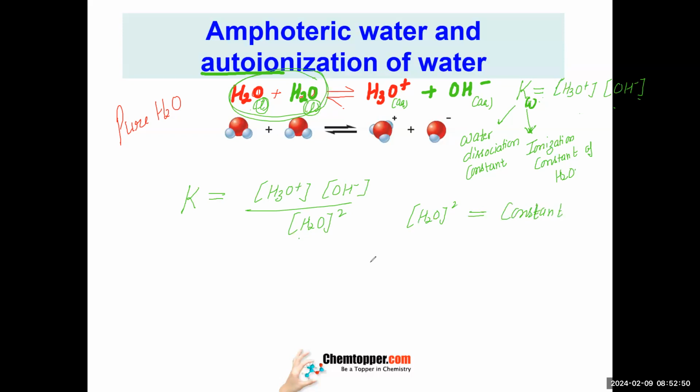It's the solvent, the pure liquid. That's why it's a constant. So they take this constant to this side. This you can see in the books. They are combining the water concentration constant with the K value, and now they call this Kw.